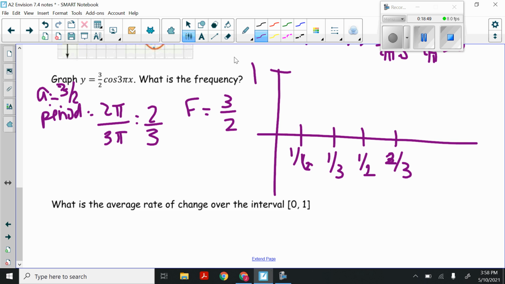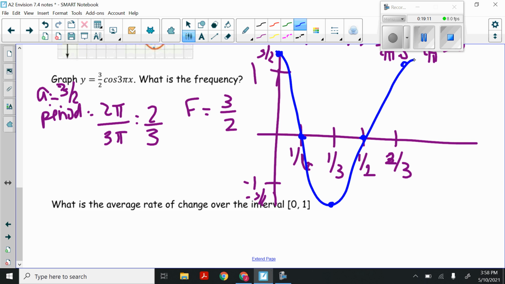This is 1, and this is -1. Our amplitude is 3/2. So this is like 3/2 up here, -3/2. Cosine means I start at my maximum. So max, O, min, O, max.